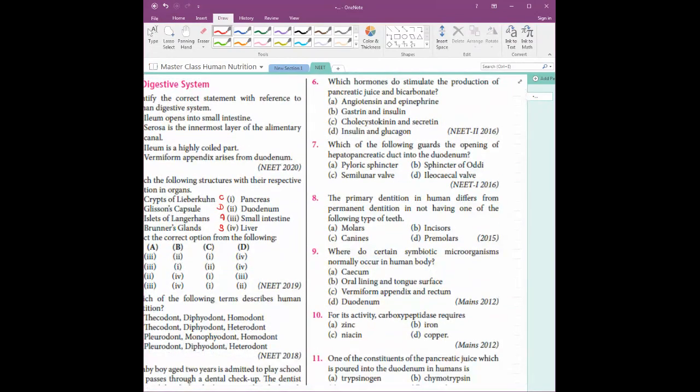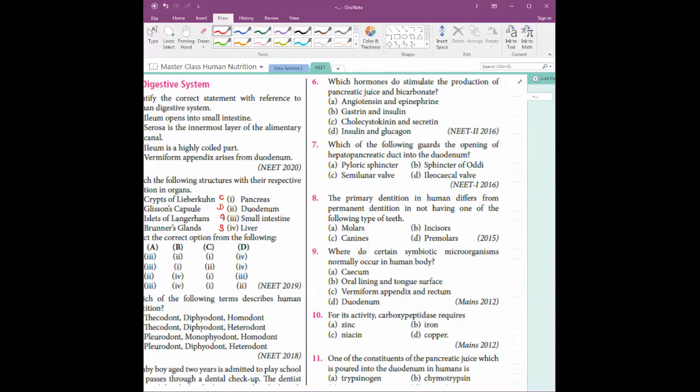Next question goes to Ruby. Which hormones stimulate the production of pancreatic juice and bicarbonate? So we had done four hormones over there, right? Very simple. Zoe has given me the right answer.